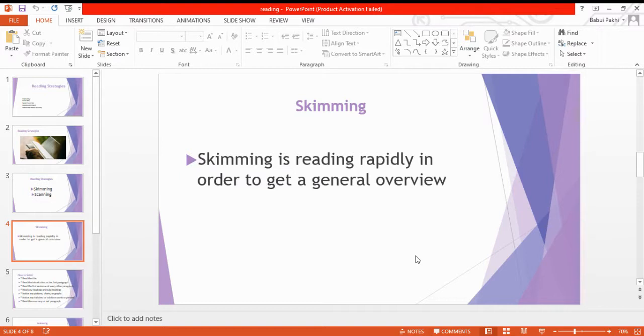For example, in your question there is an essay or a composition, and it has different sections or different paragraphs. For example, 4 or 5 paragraphs are there and they make a composition. So at first you have to read the whole composition very rapidly to get a general overview.